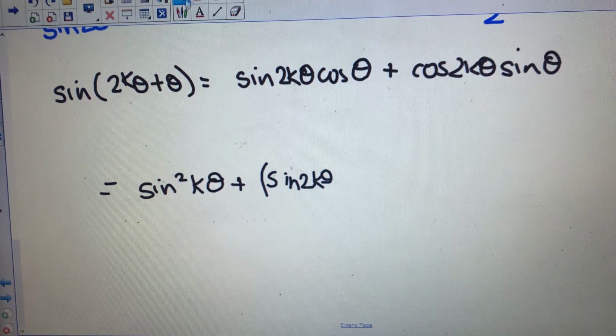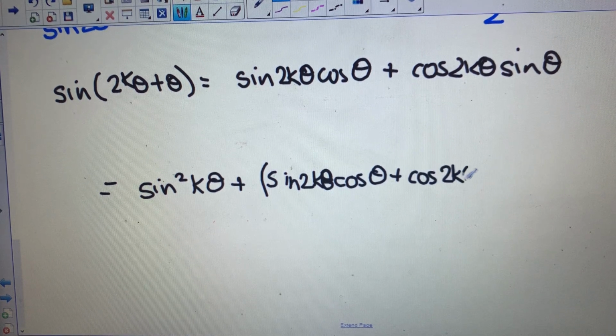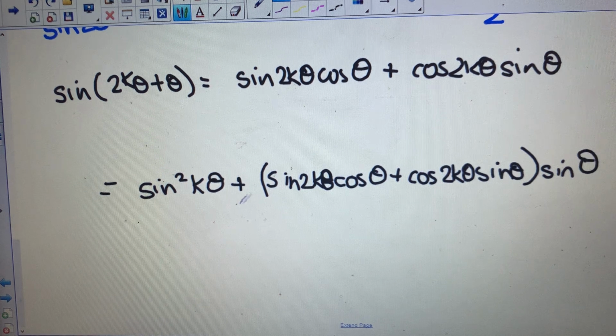I've accidentally clicked that thing again. That's sine 2k theta, sorry about that. So that's a theta. Cos theta, we can live with that, can't we? Cos theta plus cos 2k theta sine theta. And of course, that all got multiplied by sine theta, and we're all over sine theta.